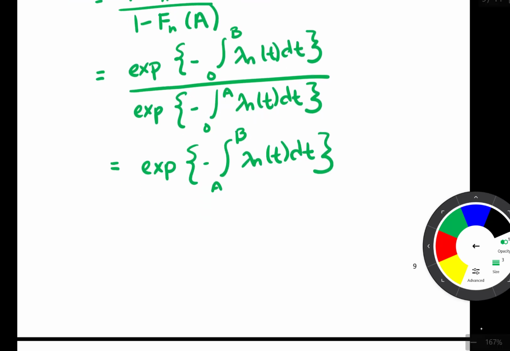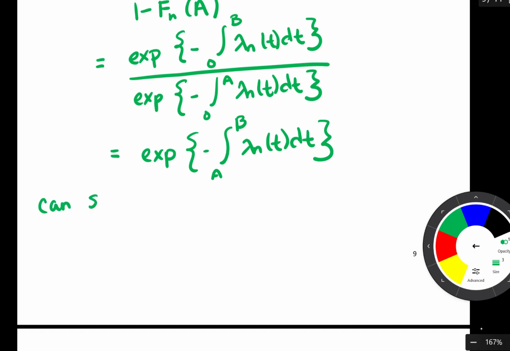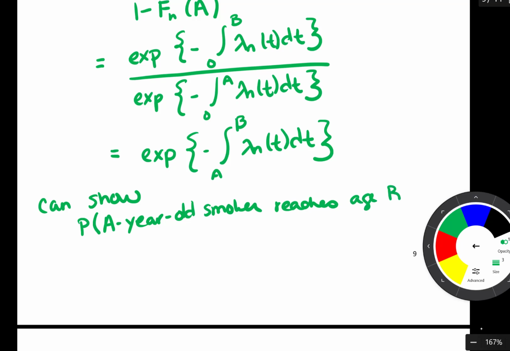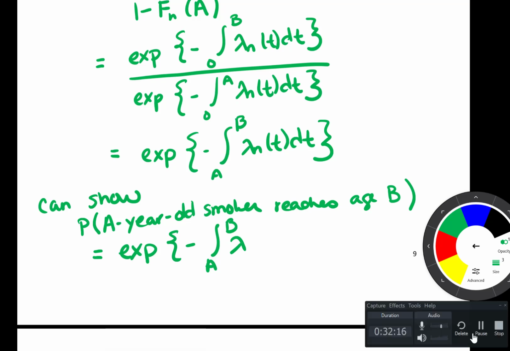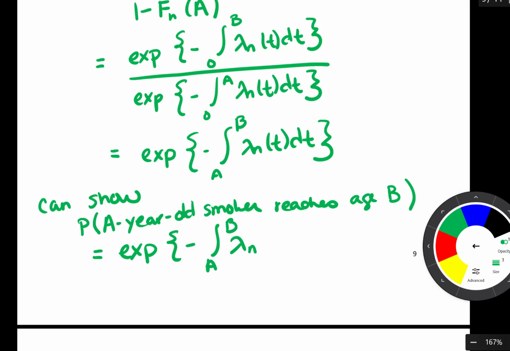And then we could do something very similar for our smokers. So we can show that the probability an a-year-old smoker reaches age b, considering that they've already made it to a because they're an a-year-old smoker, is equal to exp of negative the integral from a to b of lambda n of t dt, and then all of this squared.